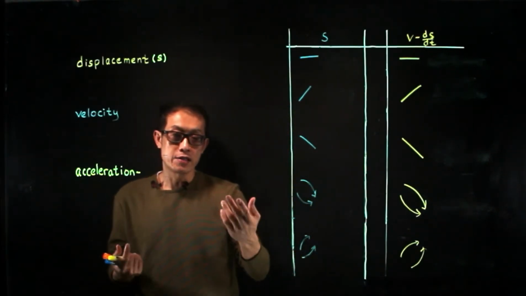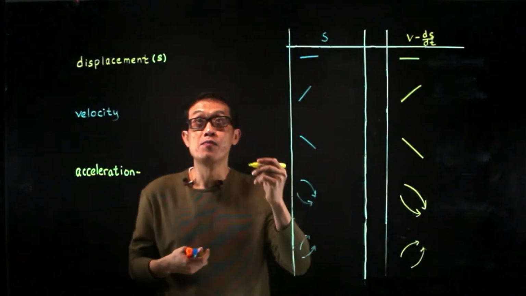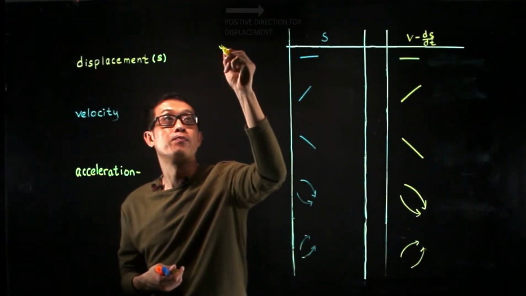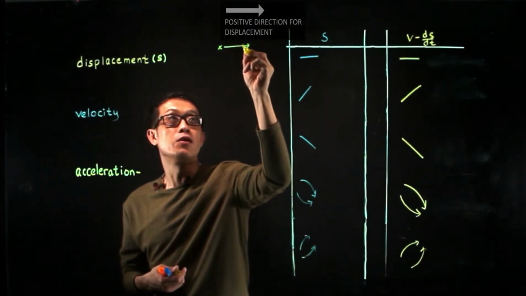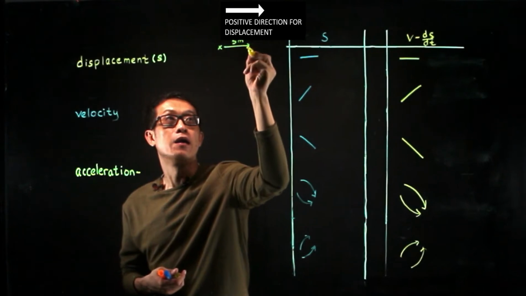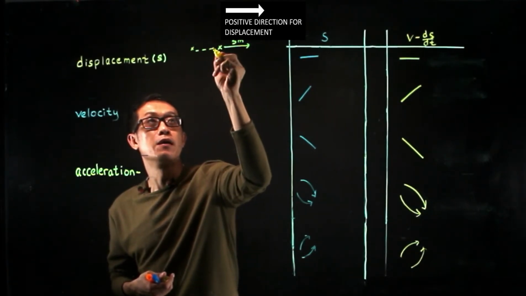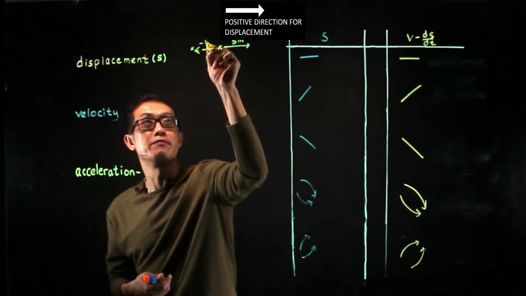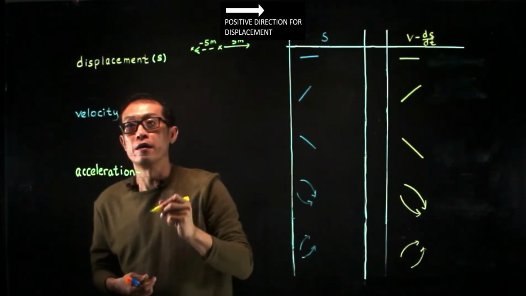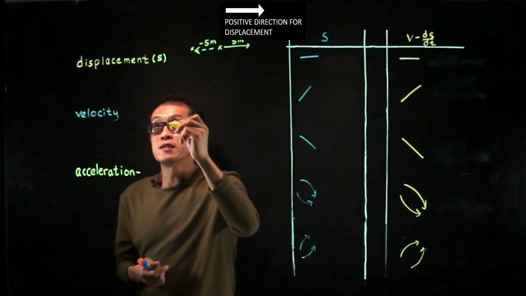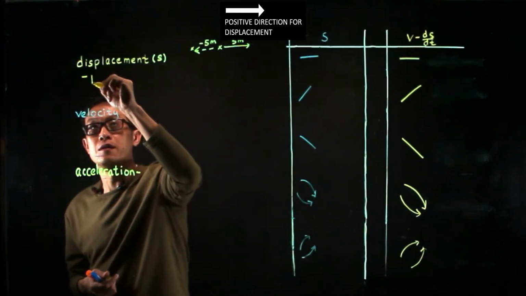So take for example, there's this point here. Now this is 5 meters away. Then if it's in the opposite direction, this will be minus 5 meters away. Right? So in short, it is like position.